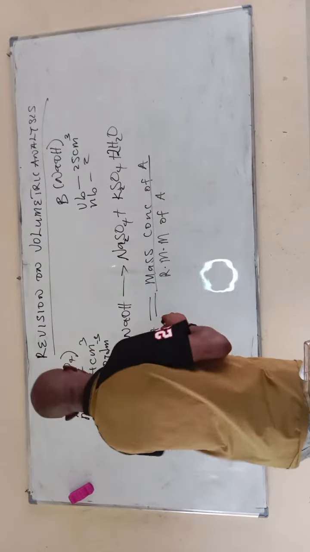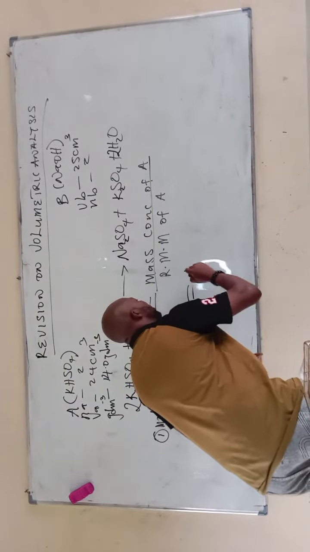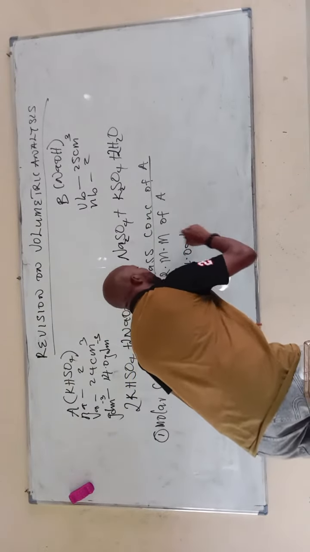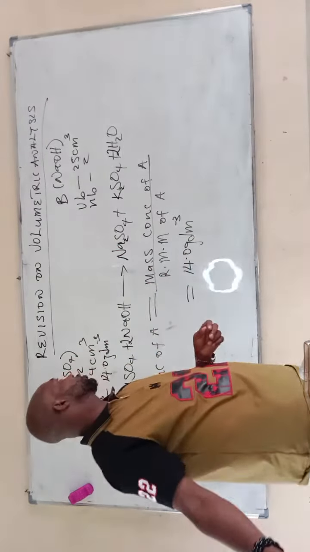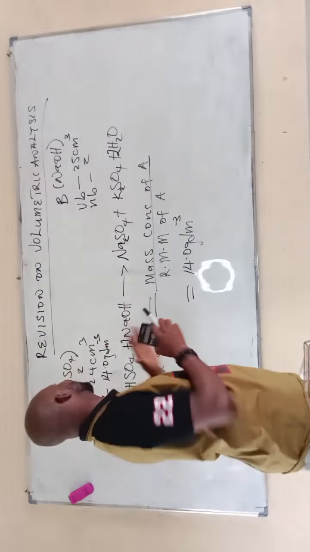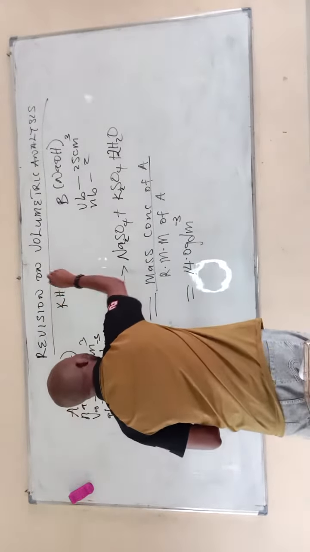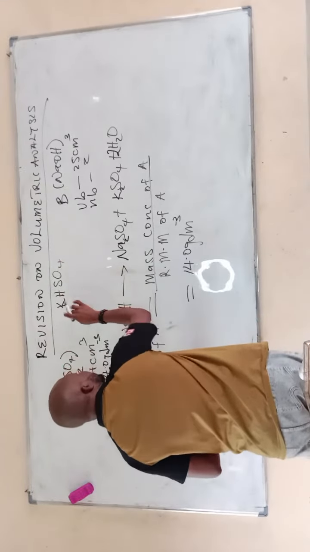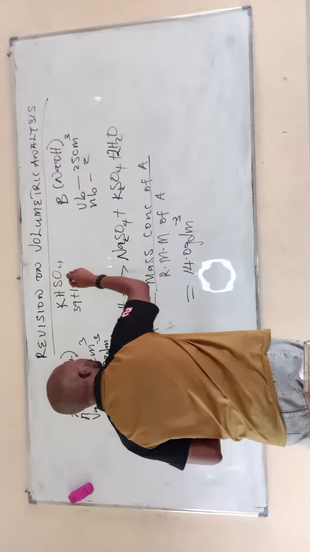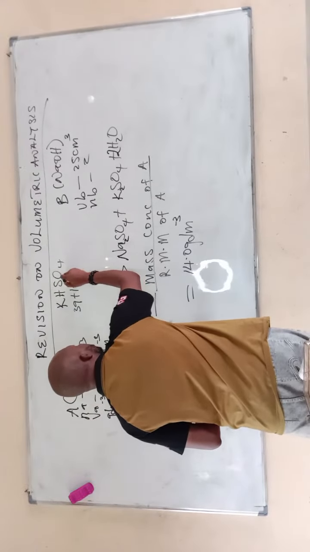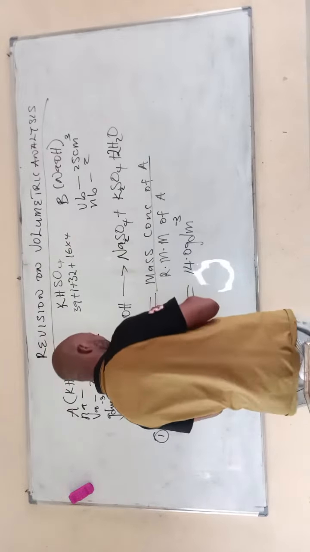Now, the mass concentration of A is given here to be 14, so I will have 14.0 g/dm³. But what about the relative molecular mass? So we are going to calculate it. Permit me if I have to use this page. I have KHSO4: potassium is 39, hydrogen is 1, sulfur is 32, oxygen is 16 times 4.